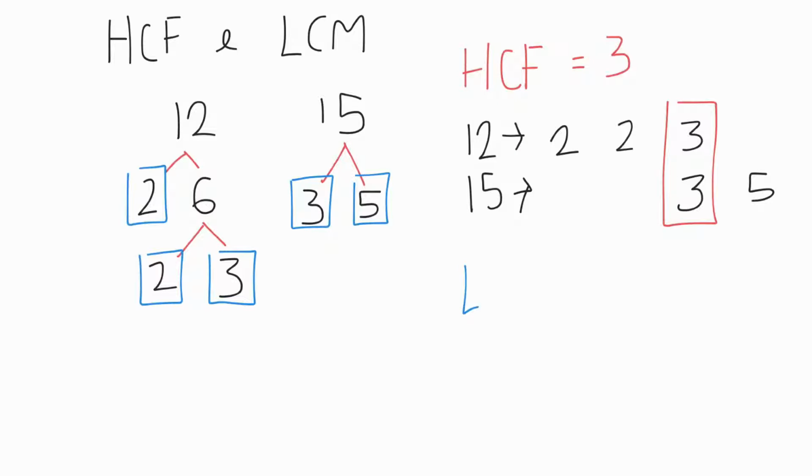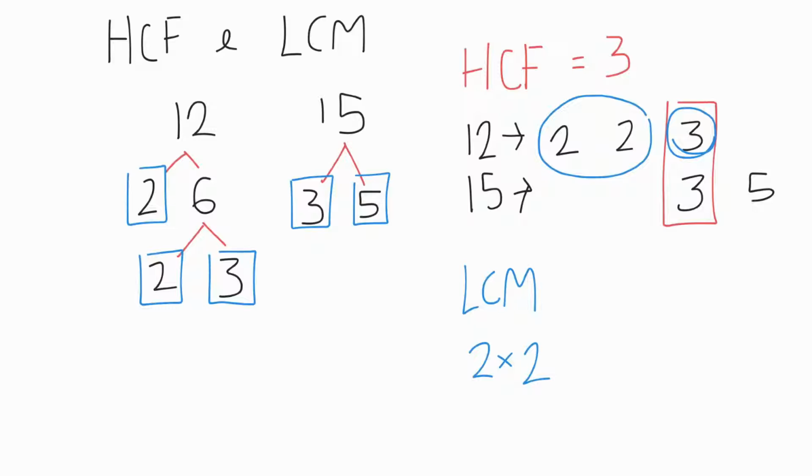Now the lowest common multiple. And what we do, we look how many of each number there is. So on here we've got a 2 and we've got 2 of them. We've got 1, 3. We don't count it twice.